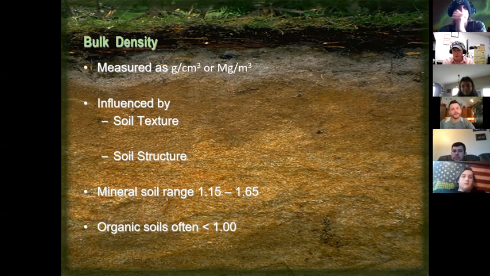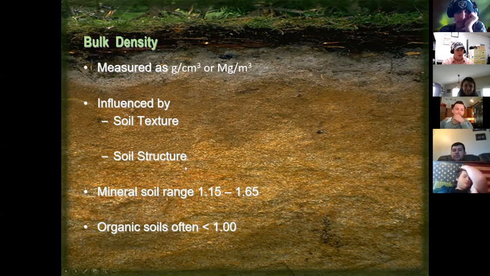Yeah, you only had one other choice, right? Those plates form on top of themselves and they're really tight. We're cramming a lot of soil into a smaller area, whereas a granular structure has those nice big macropores and airspace, and because of that, the bulk density is going to be lower for granular than it is for platy.